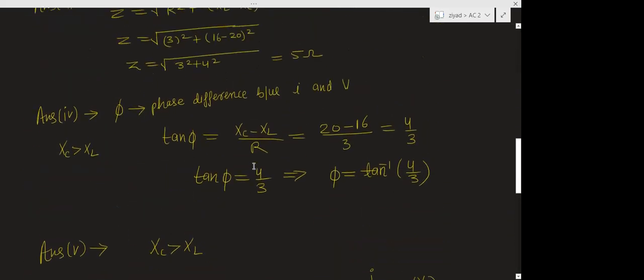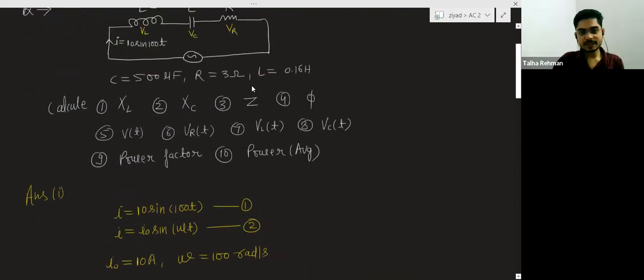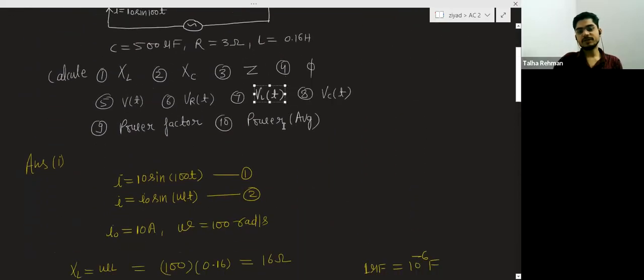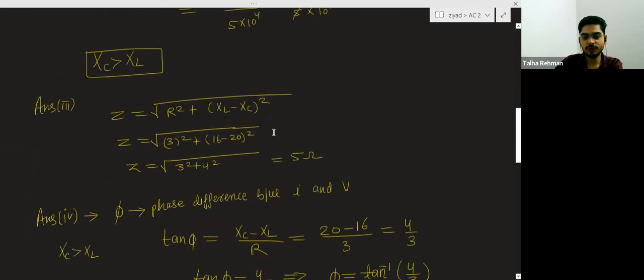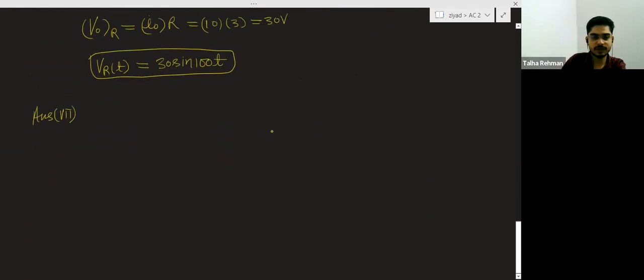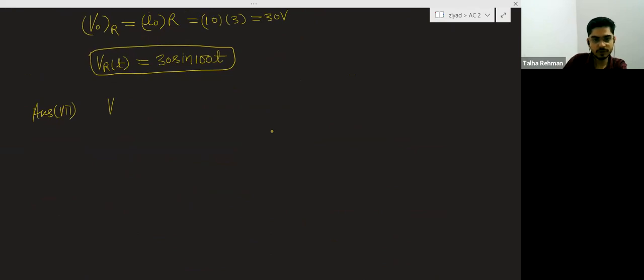They are asking part number 7, voltage across the inductor. So voltage across the inductor, what is the equation? V is equal to peak voltage across the inductor sine of omega t plus pi by 2 or minus pi by 2?